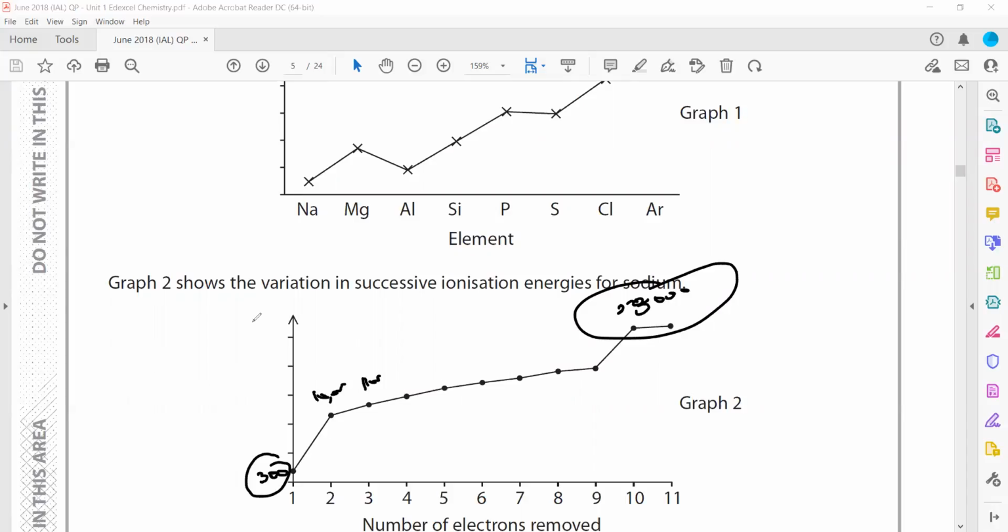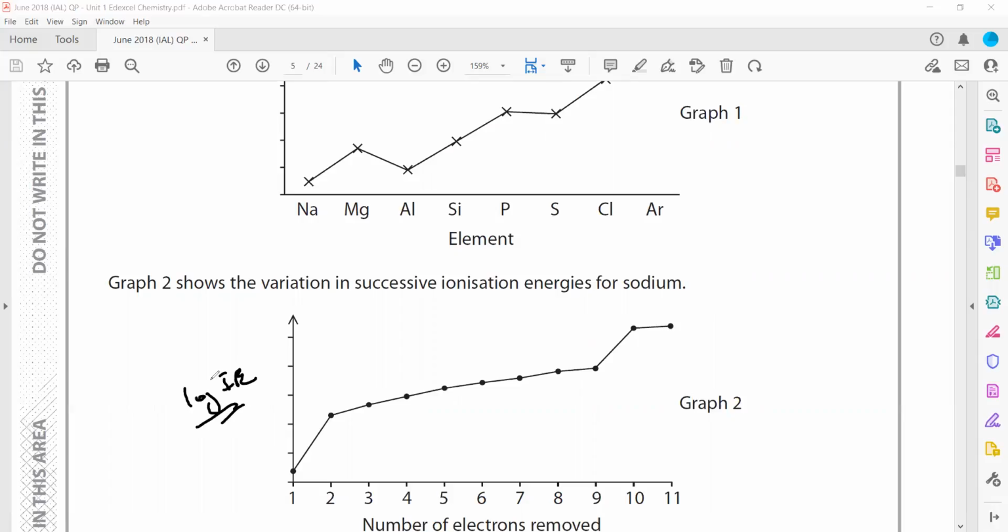That's why whenever we are plotting a graph for successive ionization energy of an element, we always use log of ionization energy, because the variation is too much. There is a big difference between the smallest and the largest value. A logarithm scale reduces the values, so we can plot them on the same scale.